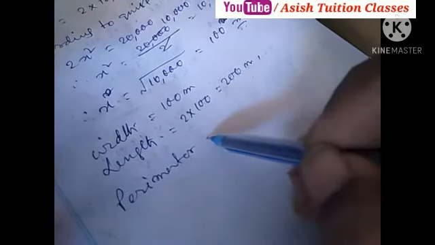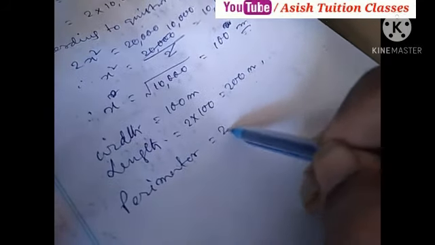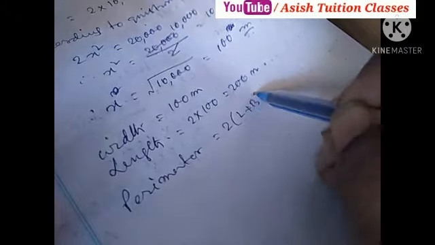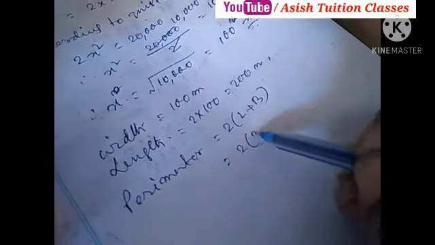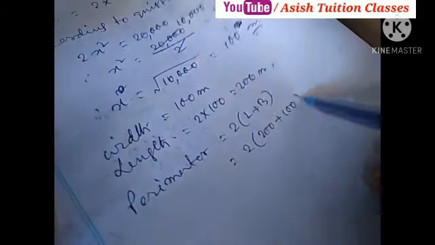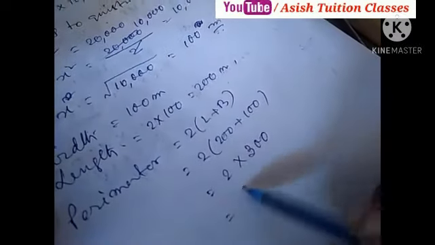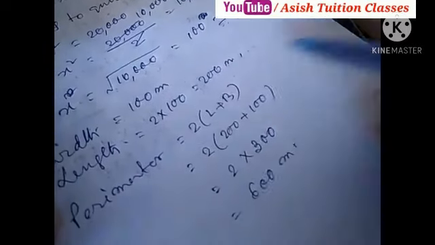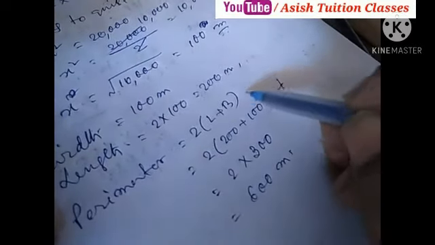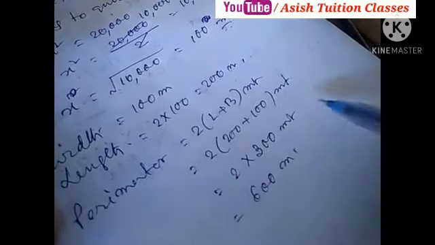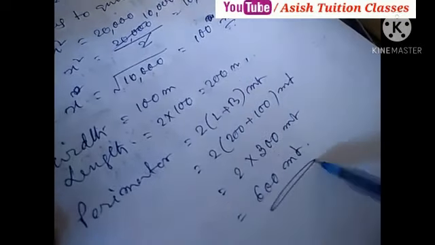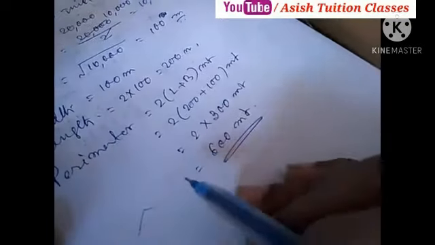We have to find out the fencing. Fencing means perimeter. So perimeter will be 2 into (L plus B). This means 2 into (200 plus 100), 2 into 300. This means 600 meter. Total cost 50 rupees per meter.